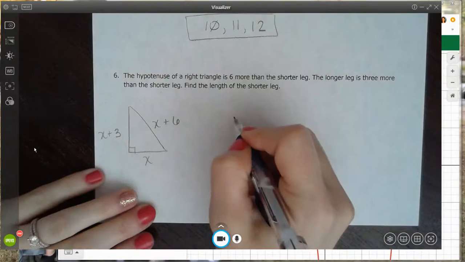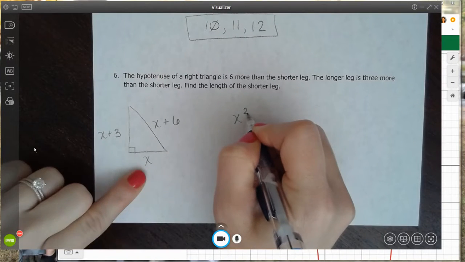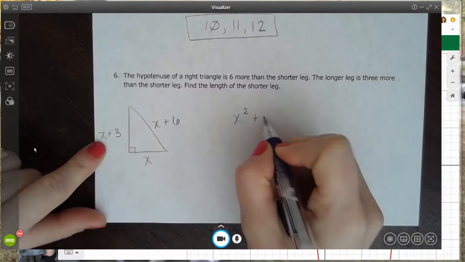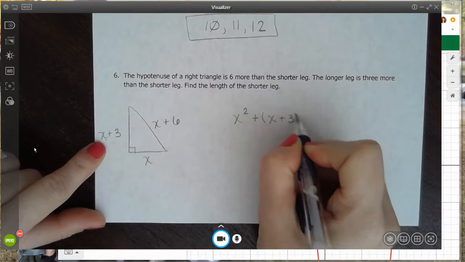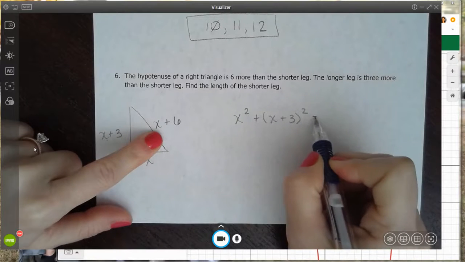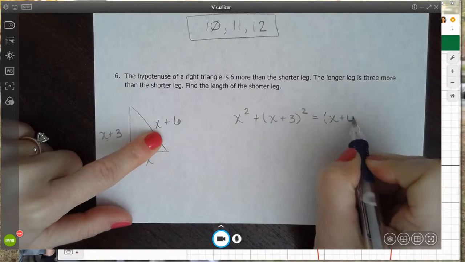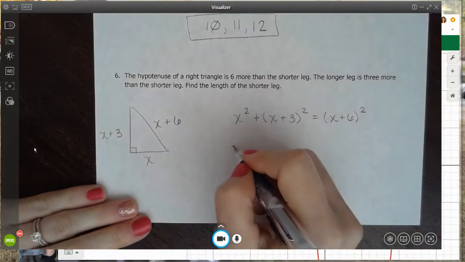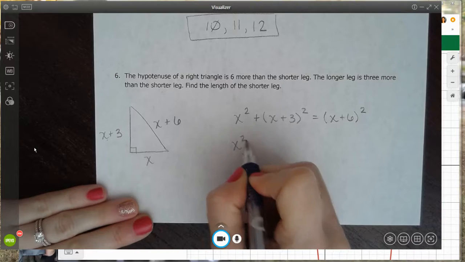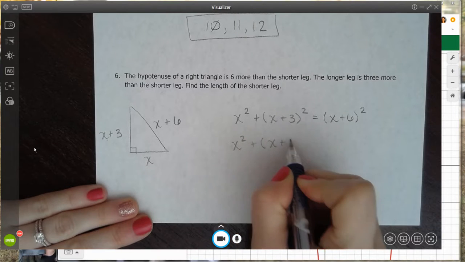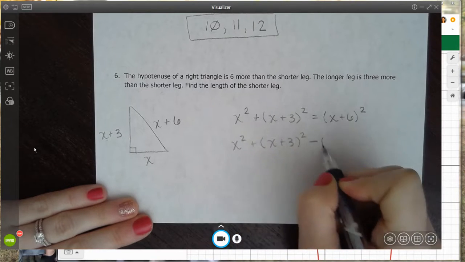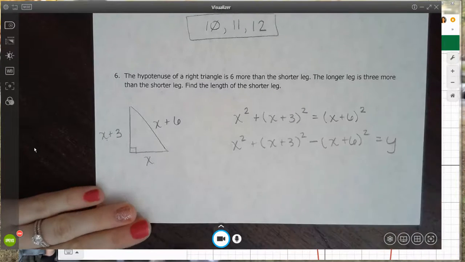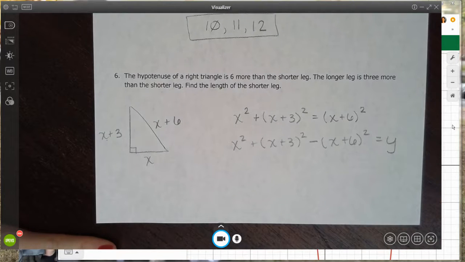So I'm going to do Pythagorean theorem. I'm going to square these 2 legs and add them together. And again, I have to make sure I put those in parentheses. And I'm going to set it equal to the hypotenuse squared in parentheses. And I'm going to get it in y equals form. So I'll have x squared plus the quantity x plus 3 squared minus the quantity x plus 6 squared is equal to y. And that's what I'm going to go put into Desmos.